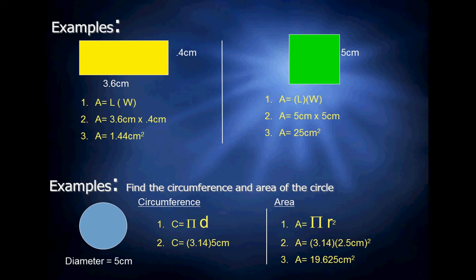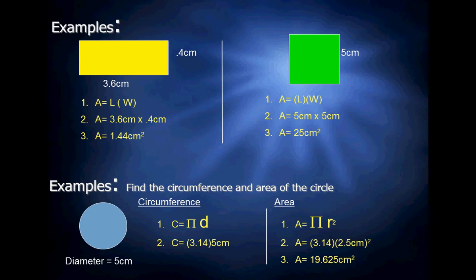What do you get for an answer for circumference? Somebody? Anybody? Circumference. Gabby? C equals pi times the diameter.